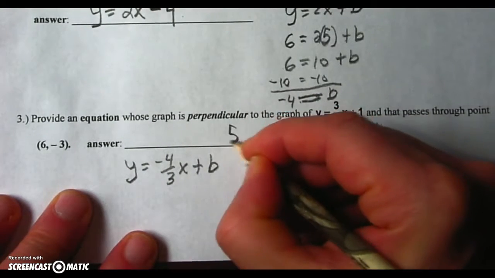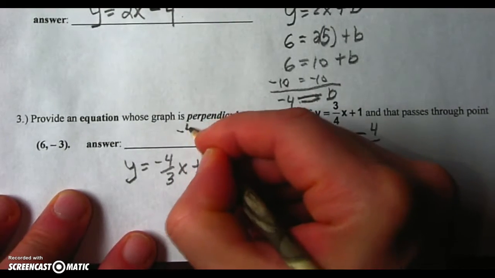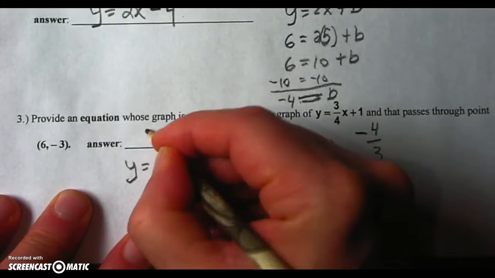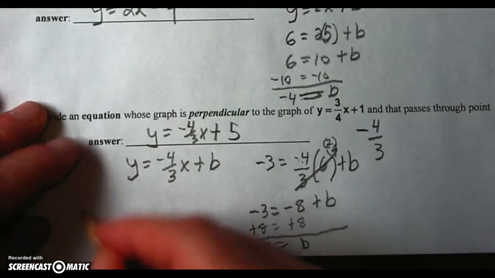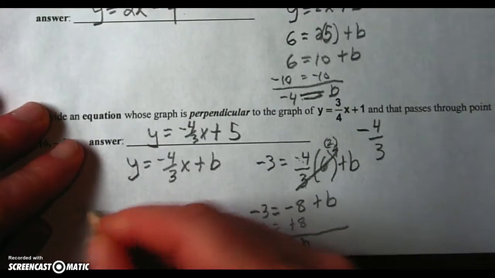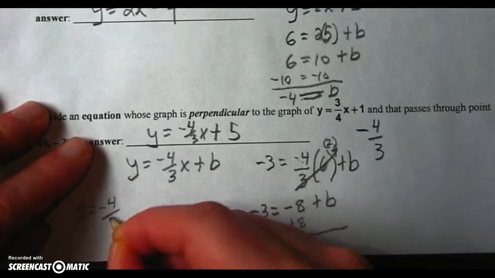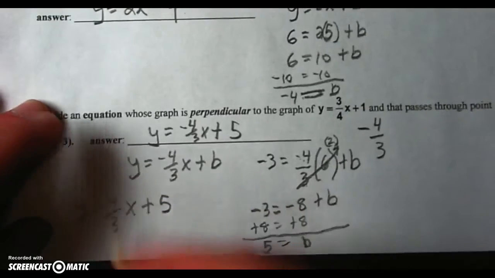Our y-intercept is 5. Our slope is negative 4/3. Put an x there, equals y, and we're done. So if that's a little hard to read, I'll make it bigger over here for you. Our answer is y equals negative 4/3 x plus 5.